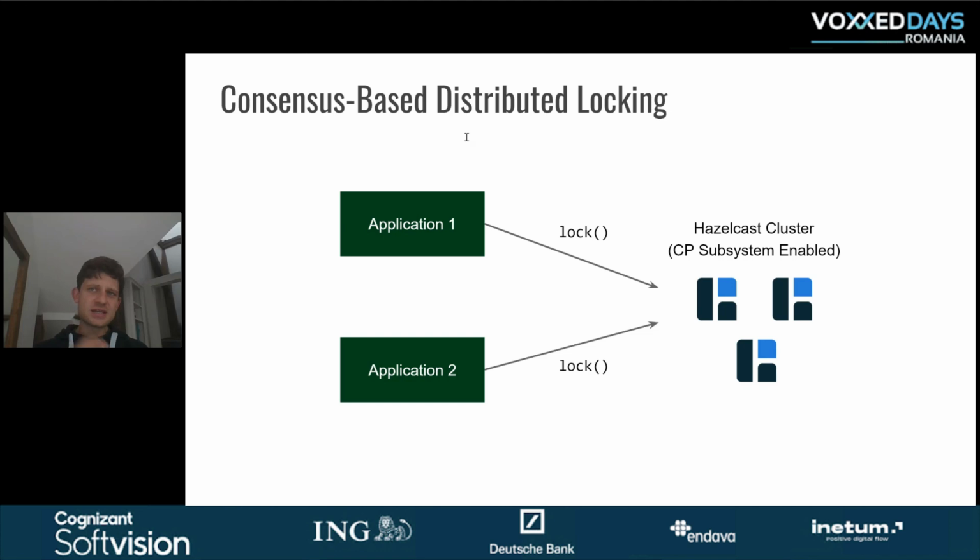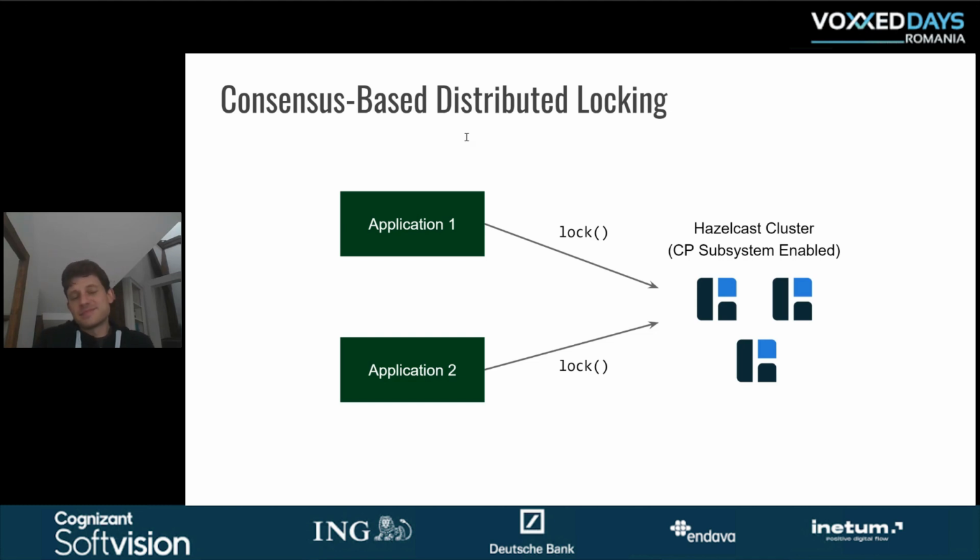So we can use Hazelcast. Hazelcast actually implements the Raft algorithm, and you can use it. It's called the CP subsystem in Hazelcast. It prevents the split brain issue, because for every decision in the cluster it requires the majority to accept.